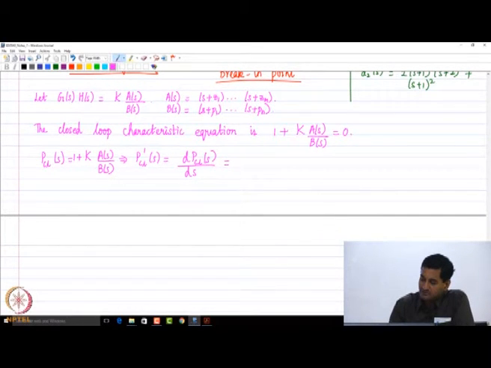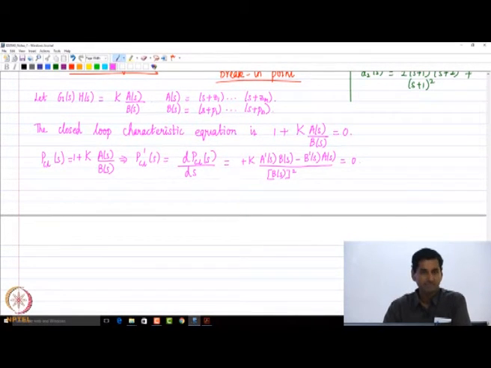That's going to be equal to k times, and then what do I have? I have b(s) squared, and then we have a'(s) b(s) minus b'(s) a(s) equals 0, right?